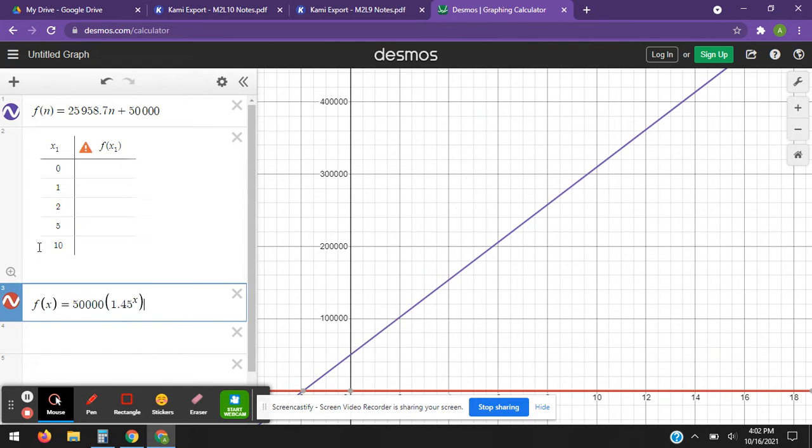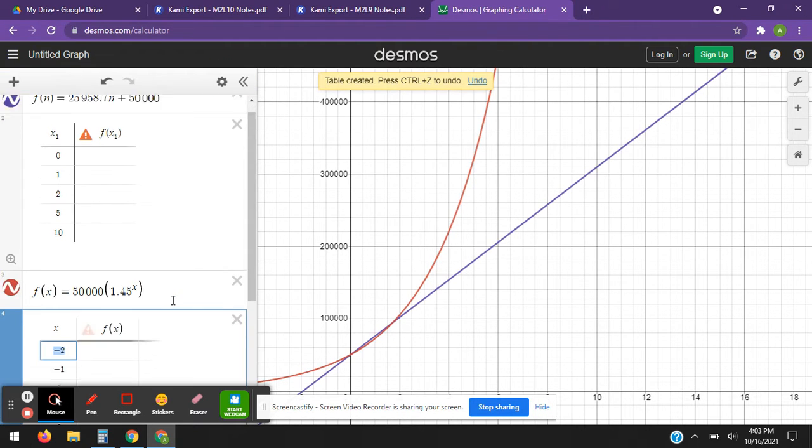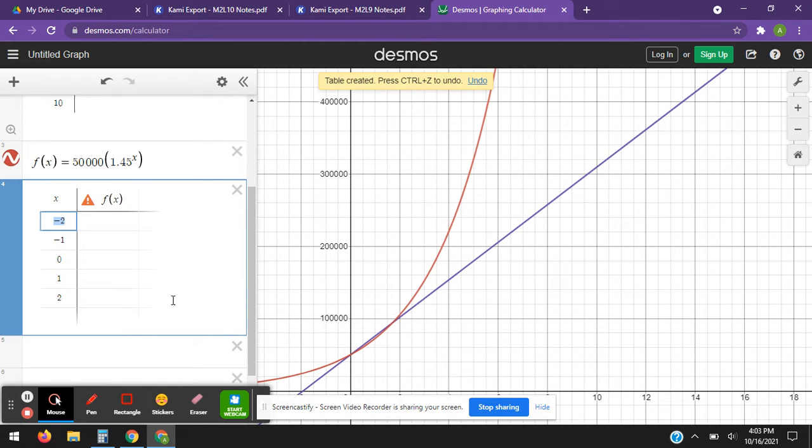Okay. So that makes it cross down here. So I'm going to do a table for this so I can see what my values are. So again, I'm going to do 0. What is wrong with this?